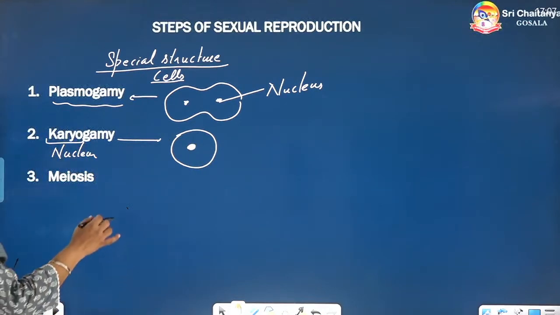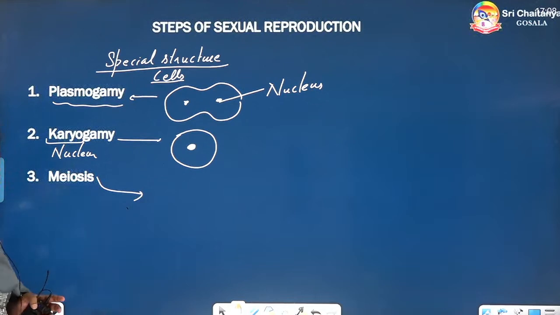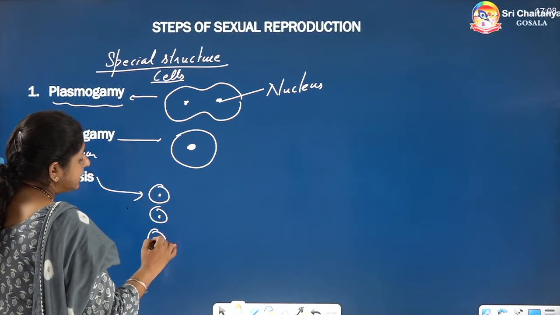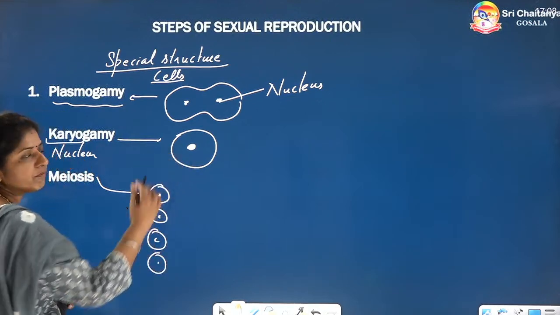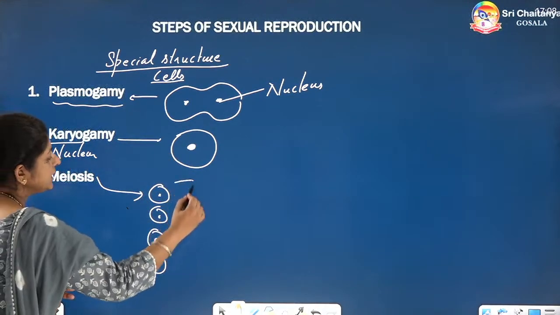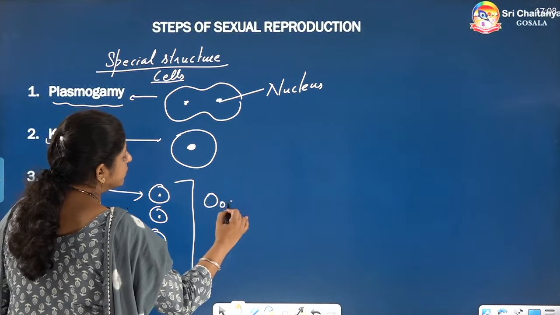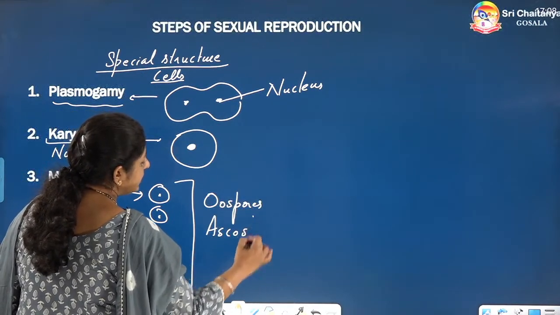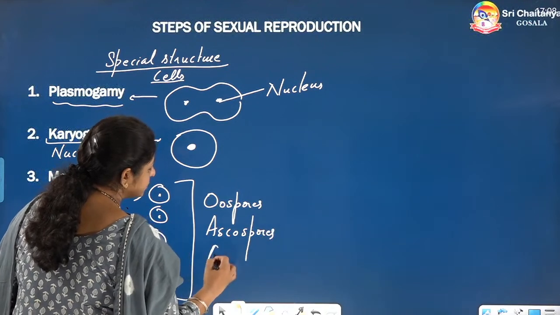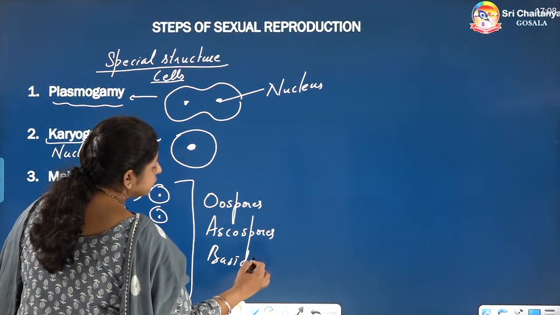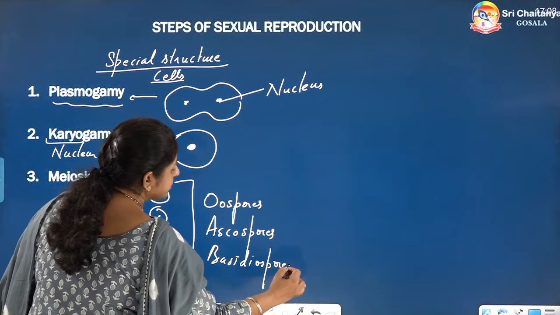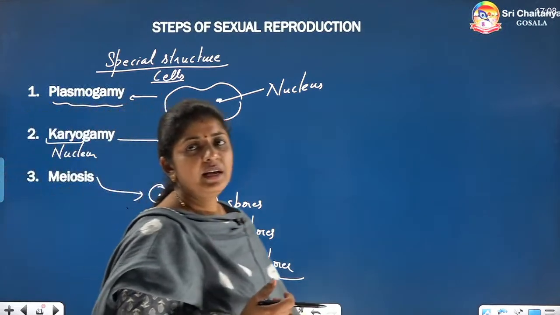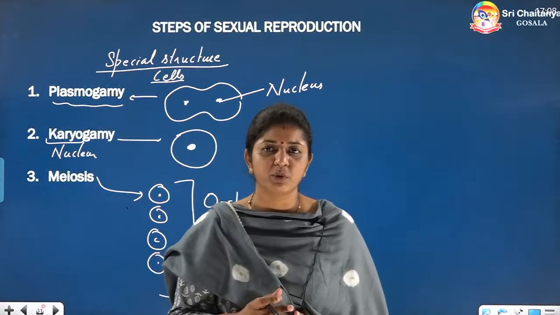Just now you have learned one thing, meiosis. Meiosis will give rise to haploid spores, right? Four haploid spores will form after one meiosis. Now these haploid spores can be oospores, ascospores, or basidiospores, right? So spores formed after this process of plasmogamy, karyogamy and meiosis, you call sexual spores.